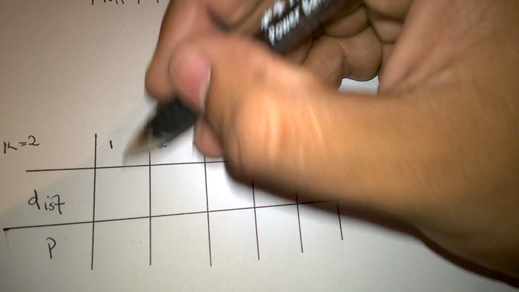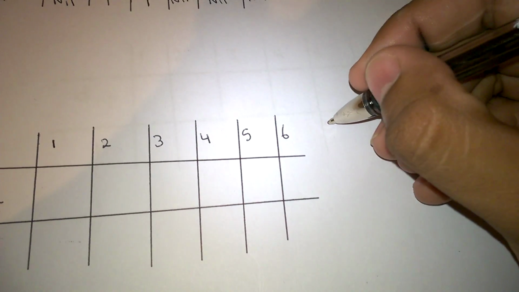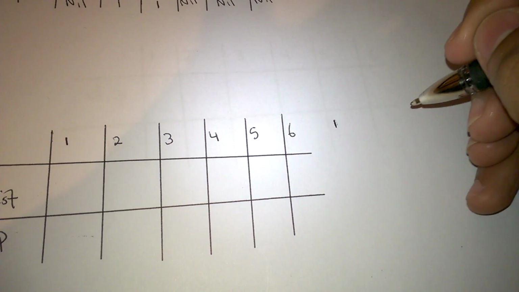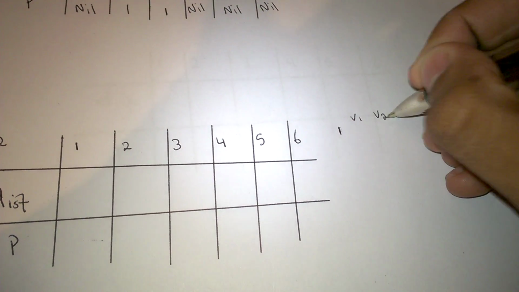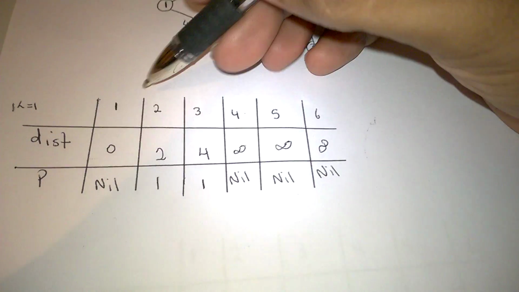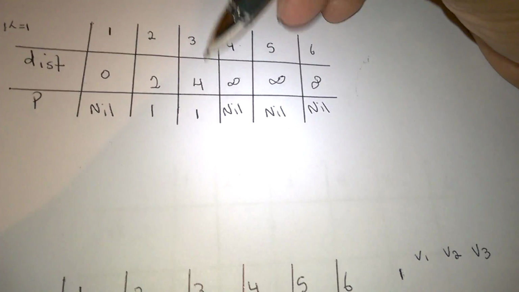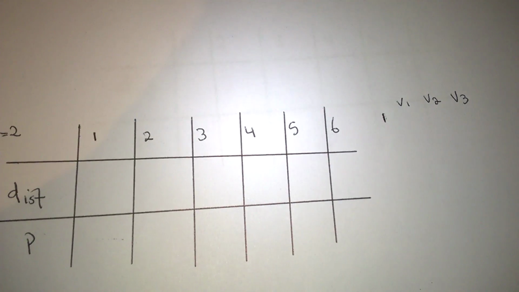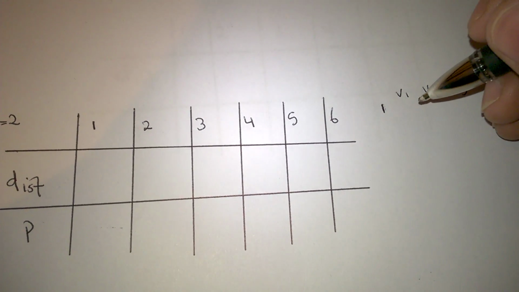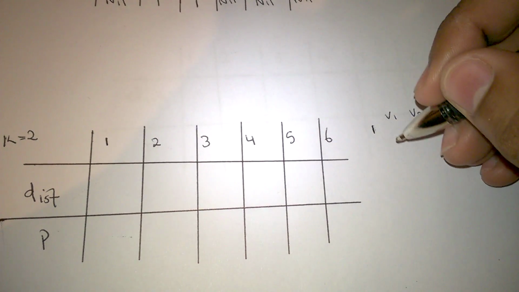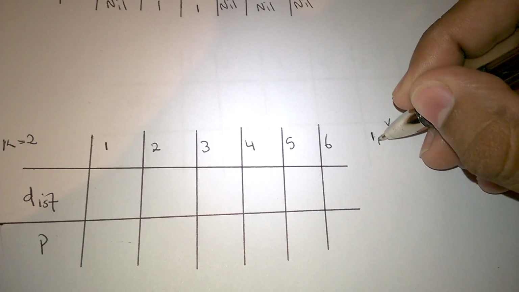Alright, we're going to do column 1 first. For column 1, you could put 1 like this somewhere on your paper, and you could say v1, v2, and v3, meaning this one here, this one here, this one here, that is not infinity. And it goes to reach 1 from vertex 1, we're leaving that out, we just put nil for that.